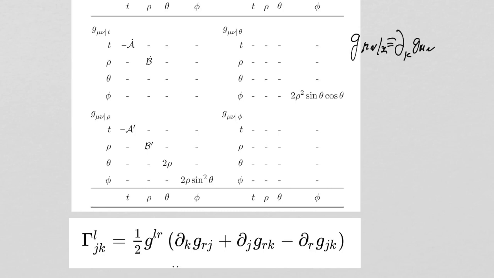Okay, so once I can calculate all the derivatives, I can now calculate all of the Christoffel symbols, right? I just plug in the appropriate derivatives right here.